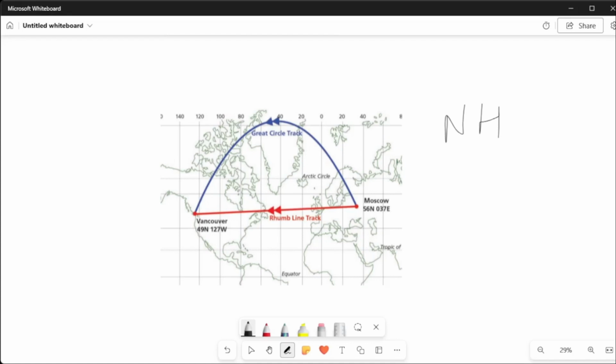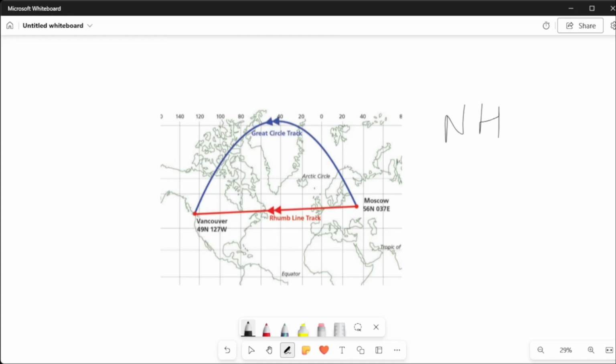Question number 11. A rhumb line cuts all meridians at the same angle. This gives. Option A is the shortest distance between 2 points. This is incorrect since we saw that the great circle track will give the shortest distance between 2 points. Option B is a line which could never be a great circle track.